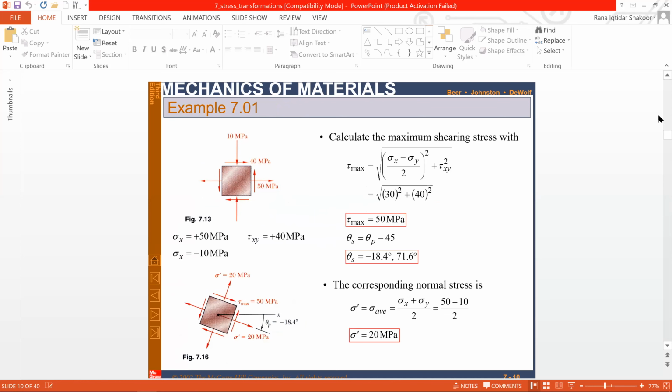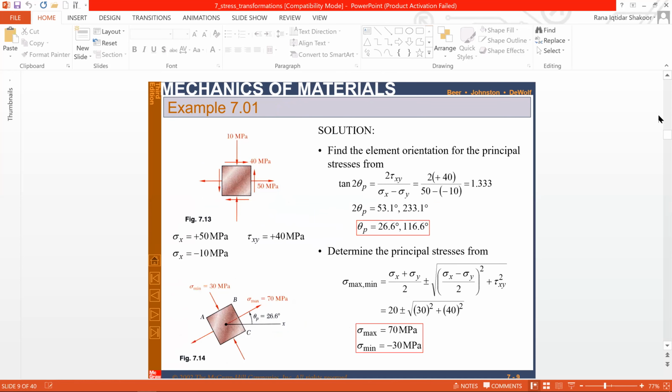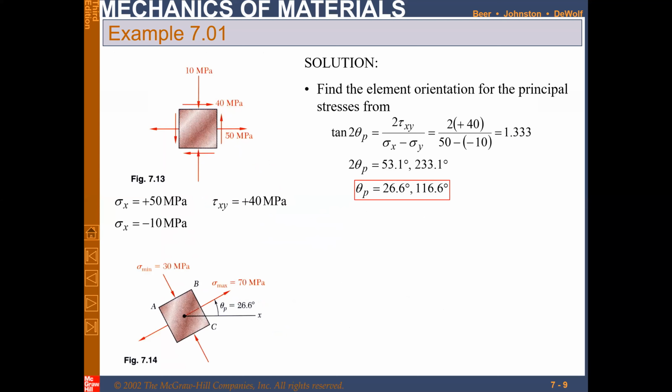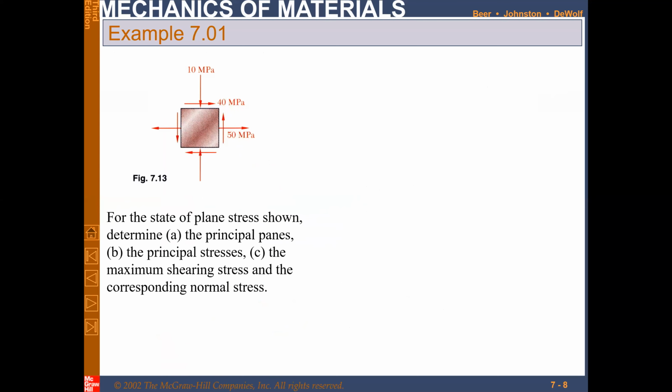So this is example 7.1. These are the different values: this is sigma x, this is sigma y, and the tau xy values, right?